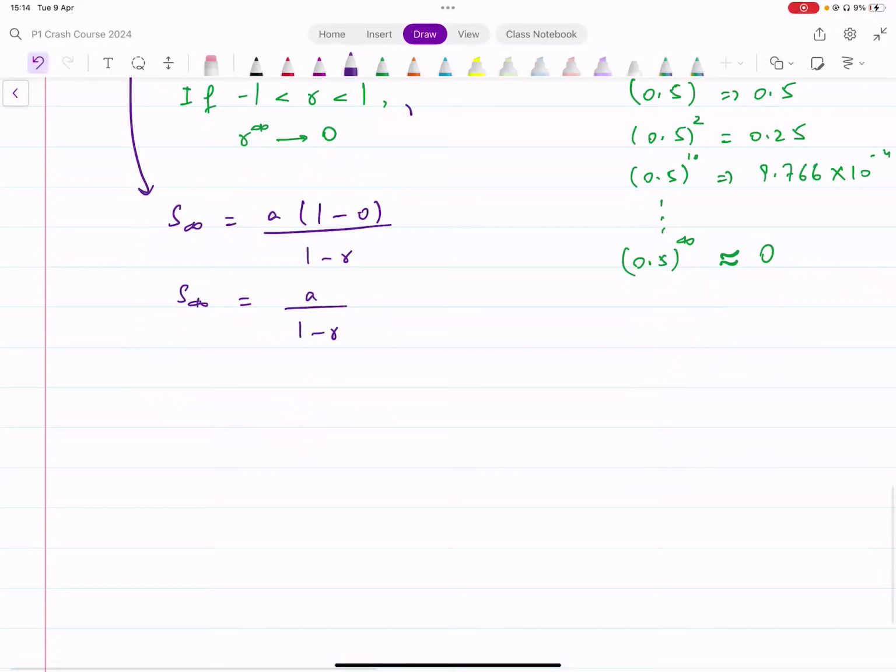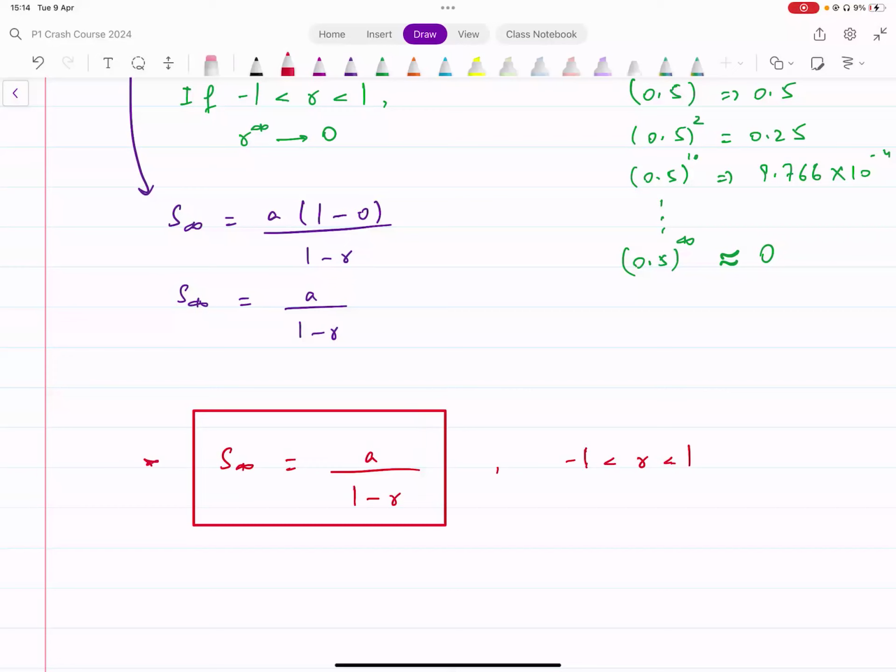This is the sum to infinity formula for a GP, and the condition is that r has to be between -1 and 1. The sum to infinity only exists when that condition is met.